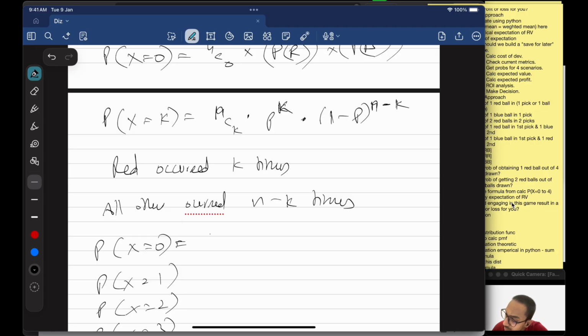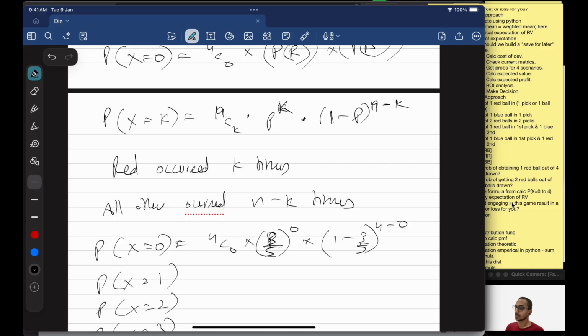It is 4C0 times p power 0, where p, the probability of reds, is 3 out of 5, times (1 minus 3 by 5) power 4 minus 0.